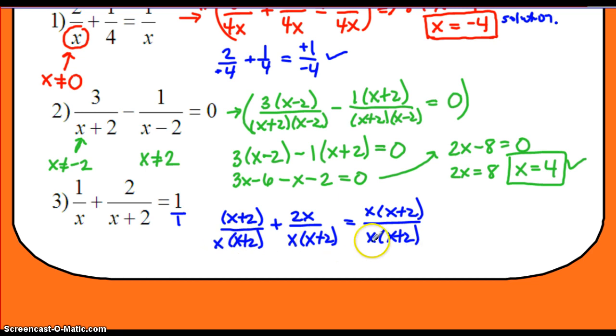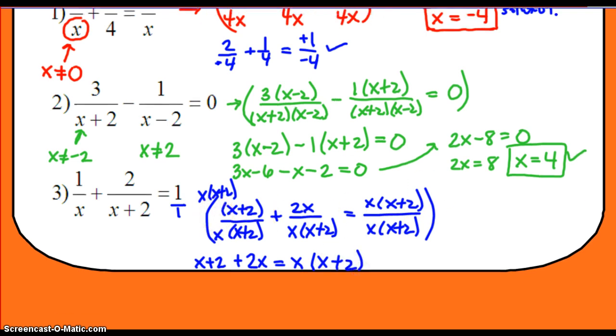Again, once you have a common denominator and you're solving, what you're doing is multiplying by that common denominator so that it cancels. And when it cancels, you're just left with x plus 2 plus 2x equals x times x plus 2. You're just left with what's in the numerator.